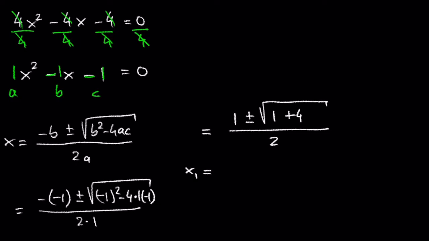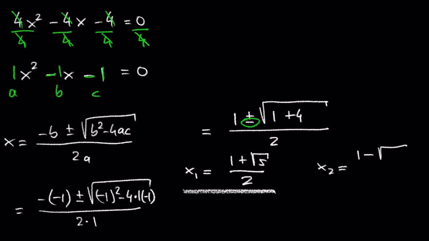So one solution is 1 plus the square root of 5 over 2 and the other solution is 1 minus the square root of 5 over 2.